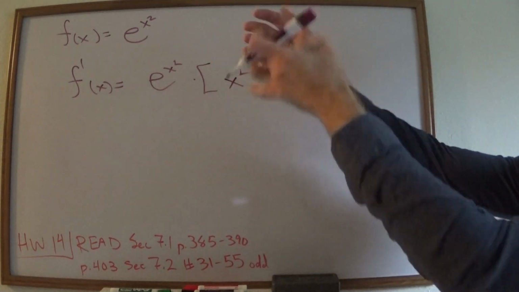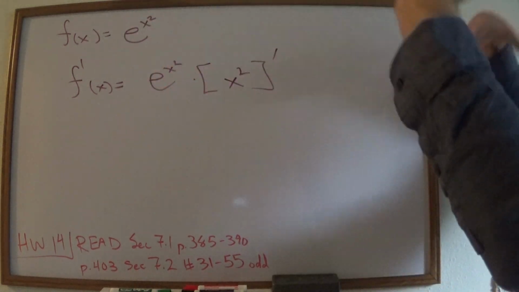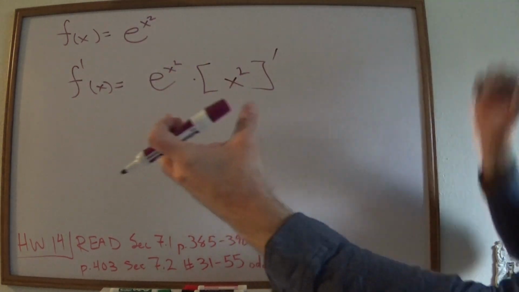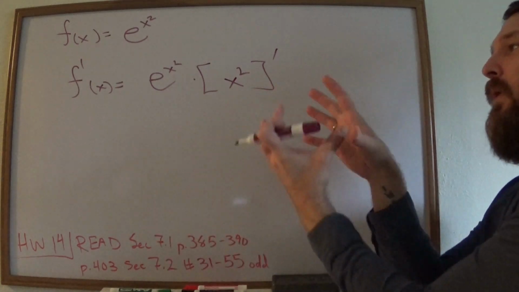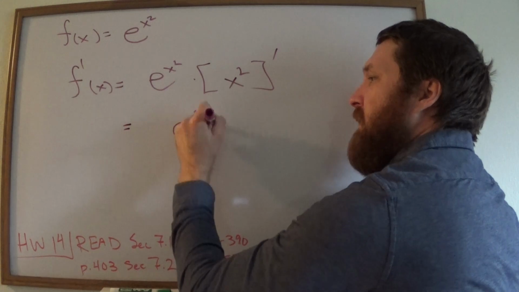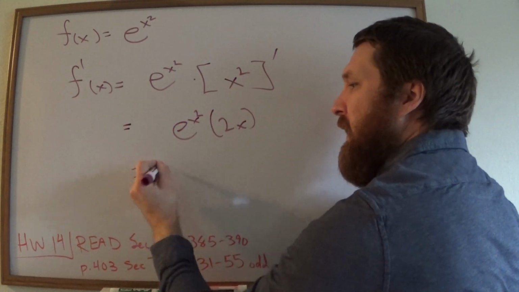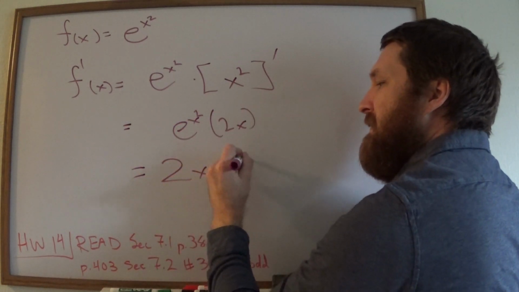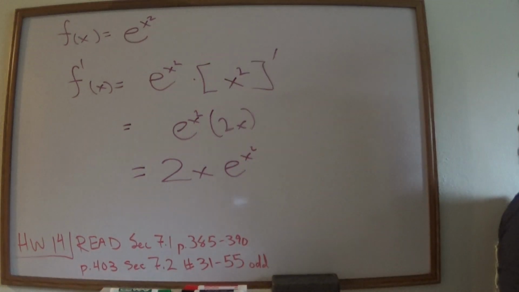In this case, the outside stuff is e to the stuff, and now we're working our way in, so we take the derivative of that. So e to the x squared times 2x, or I like to write my e's at the very end of whatever I'm writing.